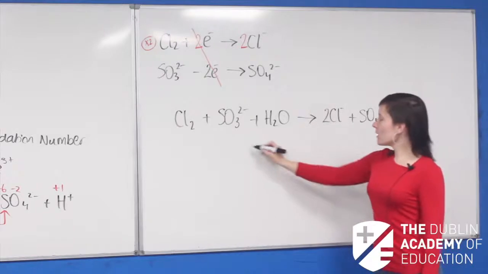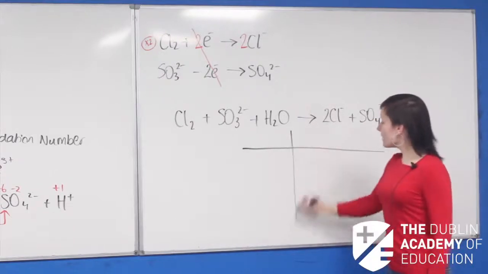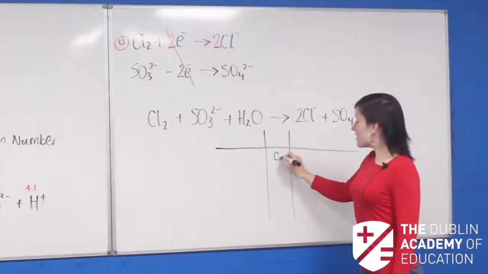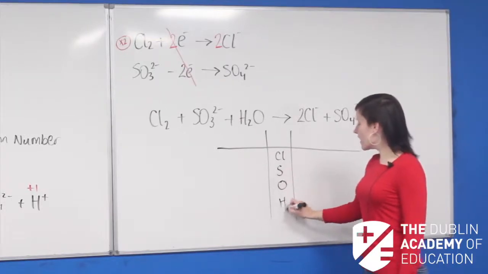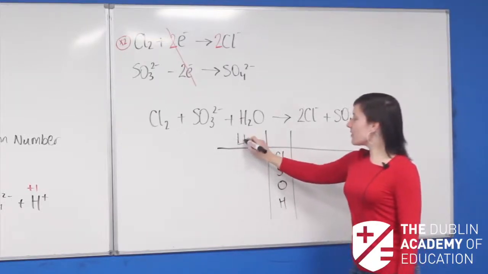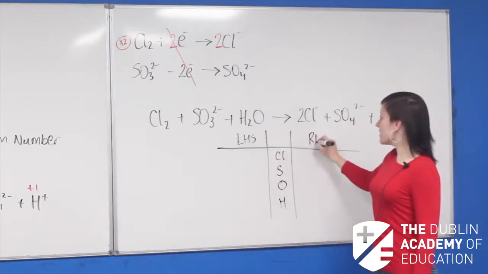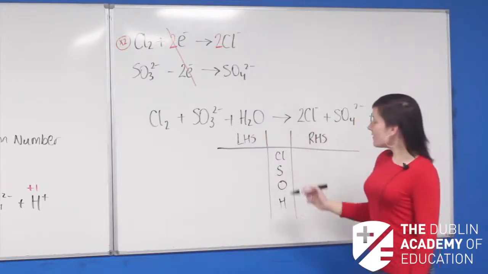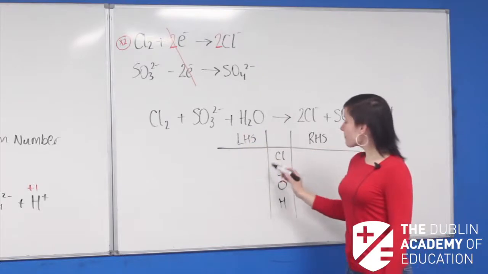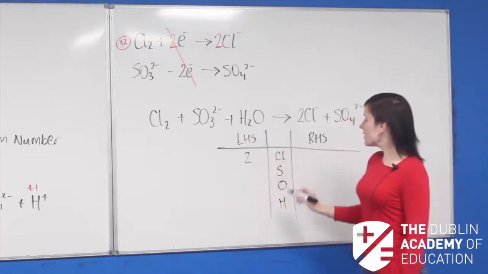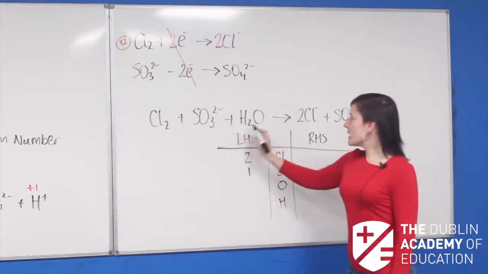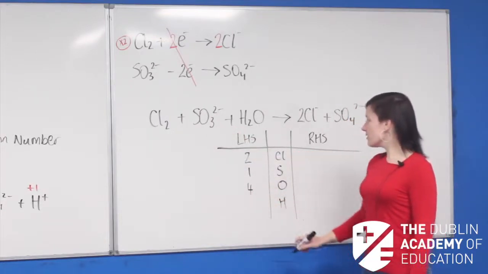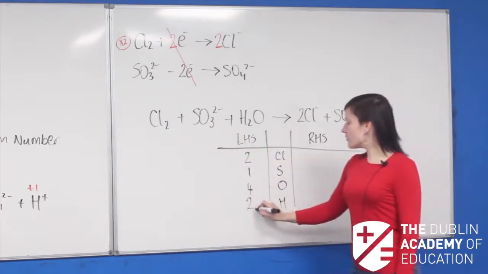Final step then, we need to look at the number of atoms that we have. So chlorine, sulfur, oxygen and hydrogen on the left hand side of our equation and on the right hand side of our equation. On the left hand side, we have 2 chlorines, we have 1 sulfur, we have 3 plus 1, which is 4 oxygens, and we have 2 hydrogens.